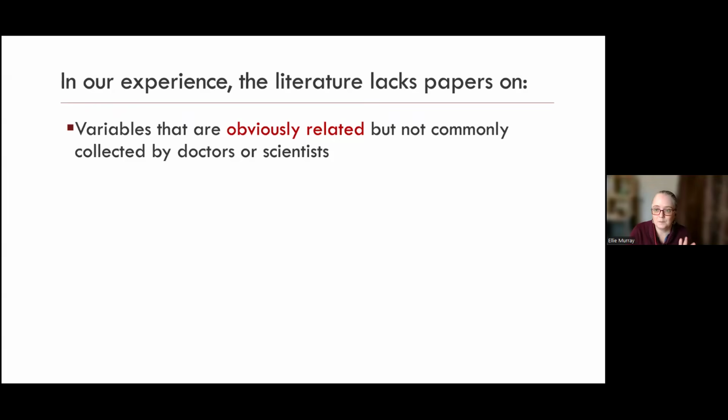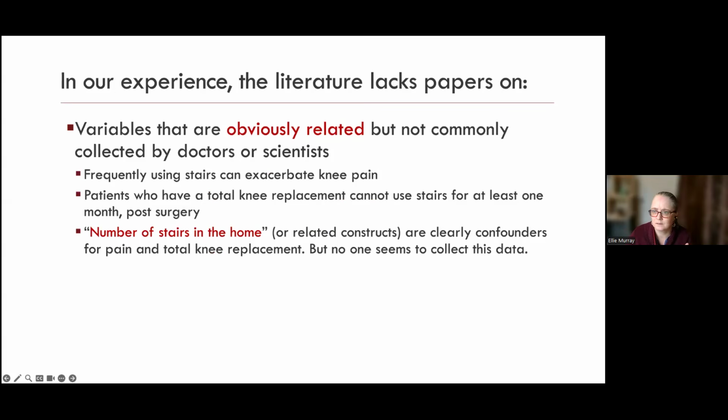In the Meteor study, an example is the number of stairs in the home, or related constructs like, is your bedroom or your bathroom upstairs? This is not something that we have seen in the data. After we found it in our focus group, we did a deep review and we could not find it in this knee osteoarthritis data.